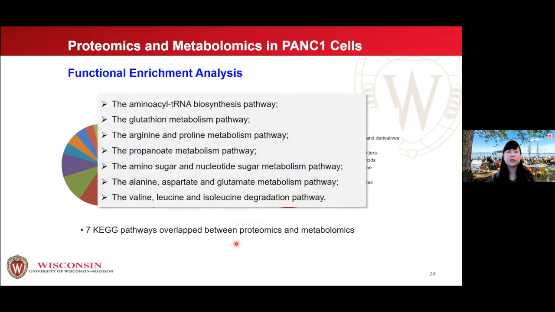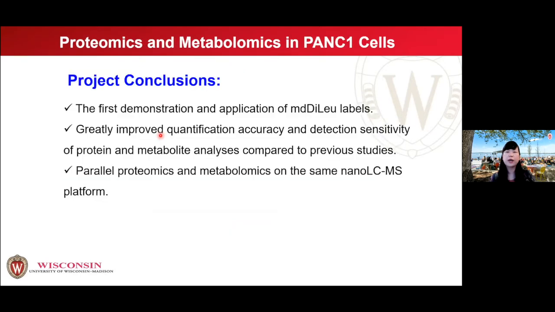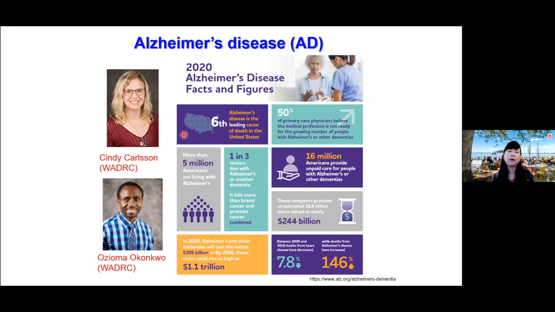This gives rise to some very well-known metabolism pathways, such as glutathione or arginine and proline metabolism pathways. To summarize this part, I hope I've shown you that we can use the mass defect DiLeu to perform MS1-based quantification in parallel for the proteome and metabolome on the same nanoflow LC-MS platform with improved quantification accuracy and detection sensitivity.